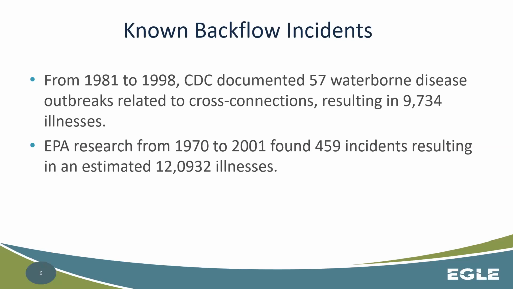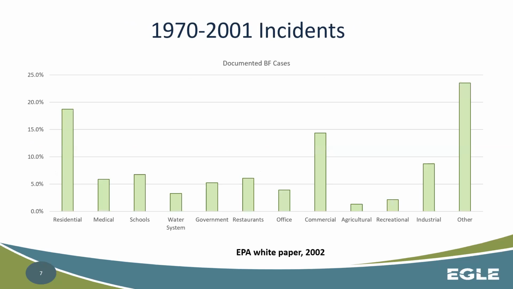And this is the actual breakdown of those incidents. You can see that we have this mystery other category that is leading the way, but then of the different consumer types, residential is actually leading the way at almost 20% of those incidents that have been connected to cross connections.